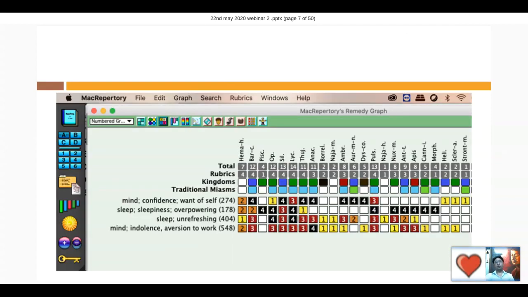Using these rubrics, I prescribed one remedy after another, but he did not respond to anything. Every time he came back and said the problem is the same, no change, no change, no change. So after a few months, he left my treatment. As there was no change, definitely he would go. Then he went to another doctor, and after one month, I met him at some function by chance.